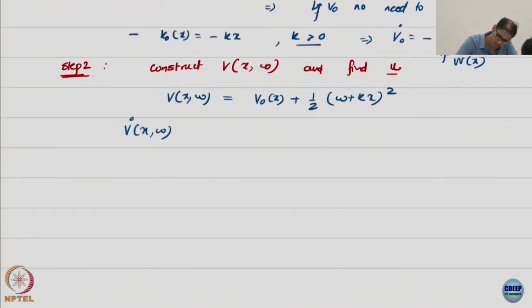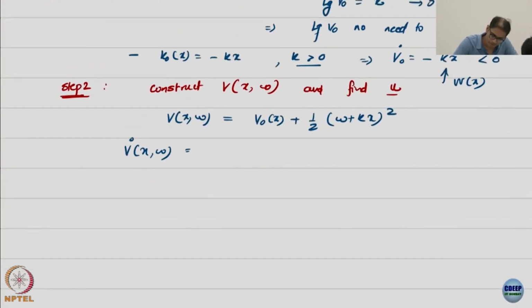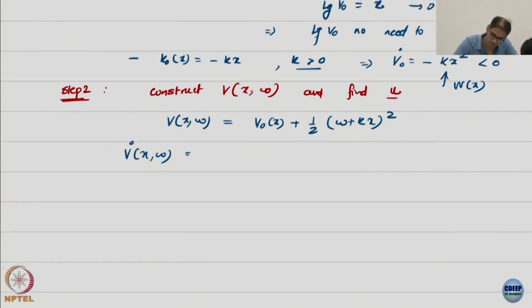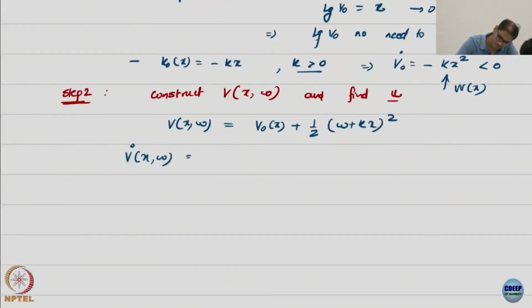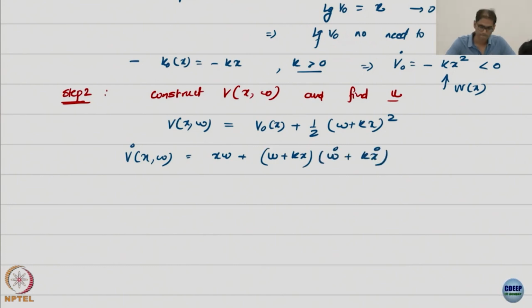Okay, and that's equal to V0 dot of x, which is basically x omega now, plus omega plus kx times omega dot plus kx dot, right, and this is x omega plus kx.